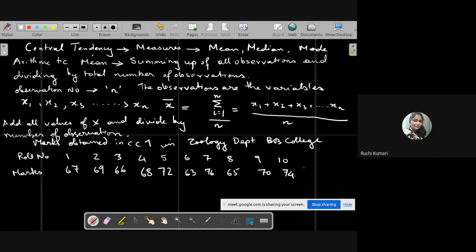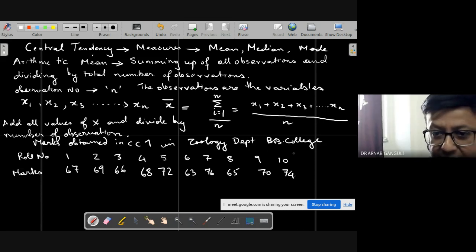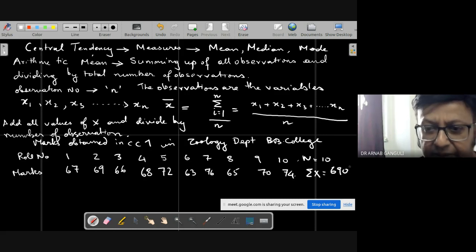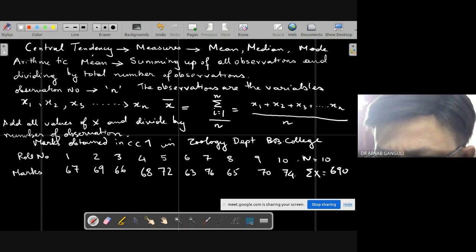So total number n is equal to 10, and sigma of x, the sum of all of them, is equal to something like 690. Check later. I have done a very fast calculation.